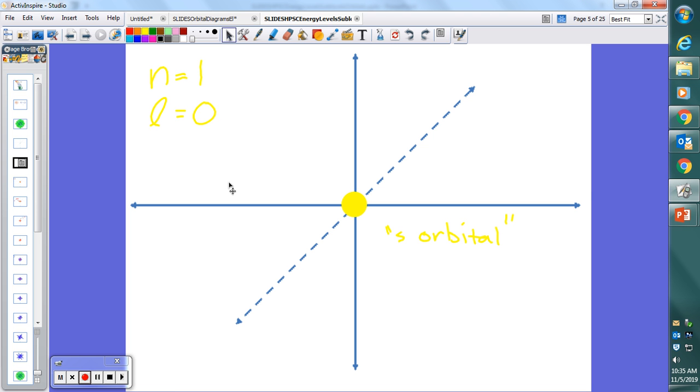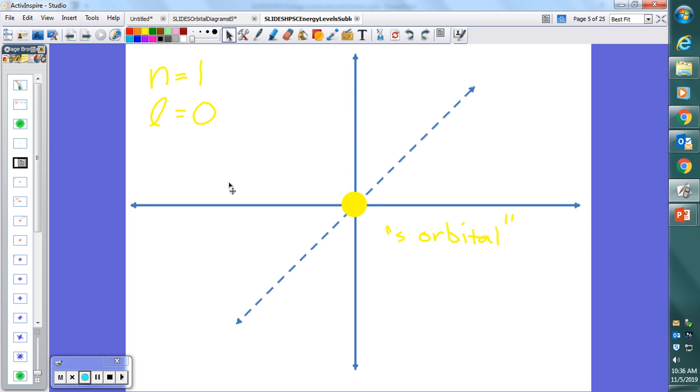First, we assigned it a principal quantum number of 1 because it's the closest to the nucleus that we can be. But then we assigned the angular momentum quantum number equal to 0 because this is a spherically shaped orbital. So, in terms of an address, we started building the quantum numbers that describe this orbital. We started off with these two.